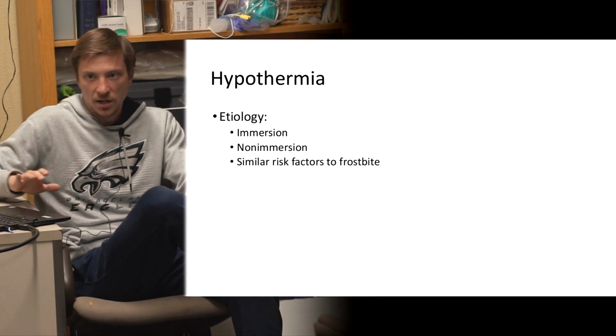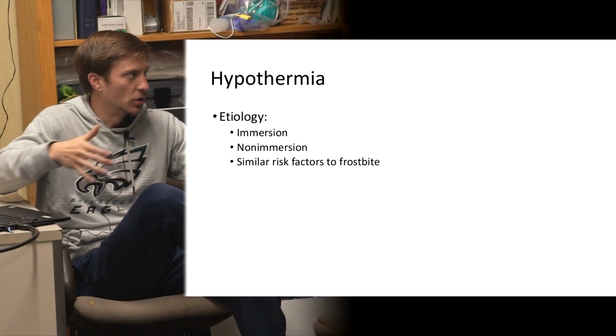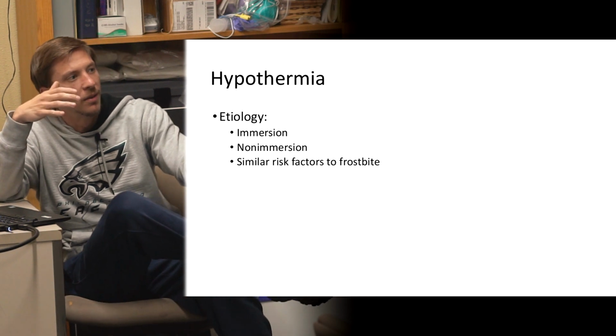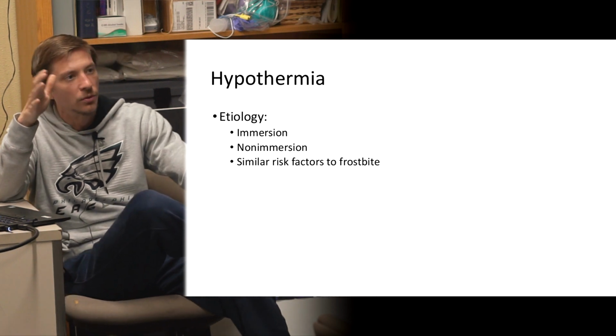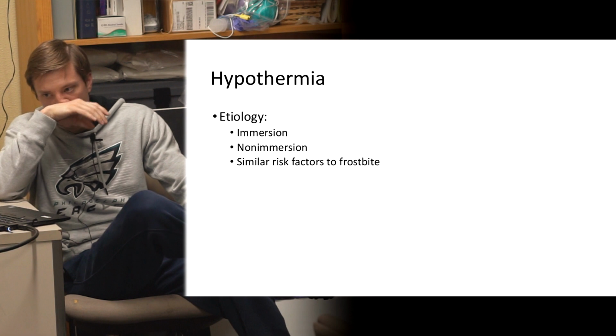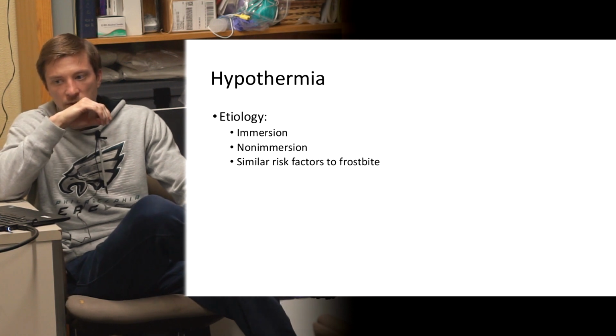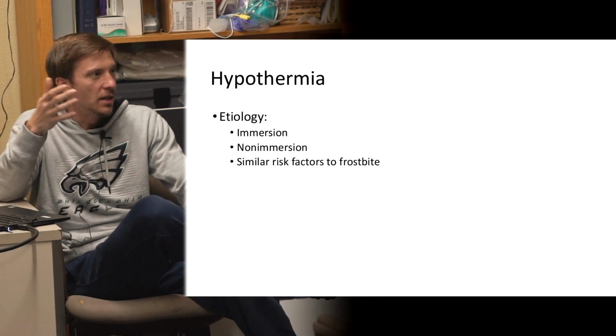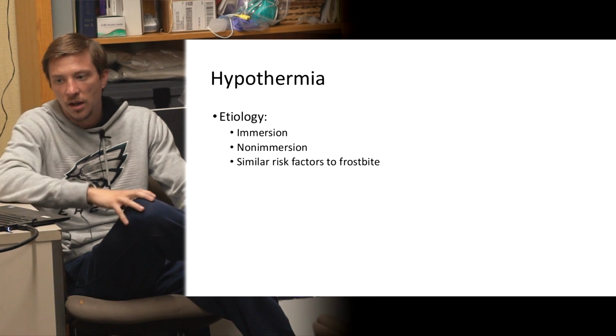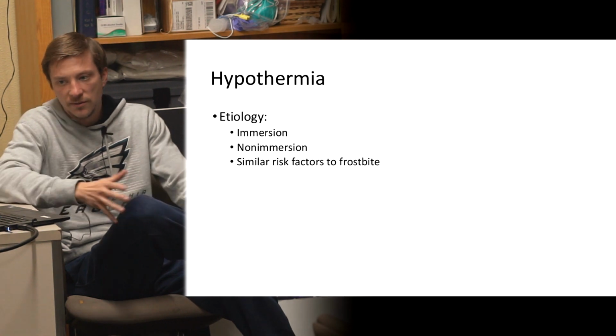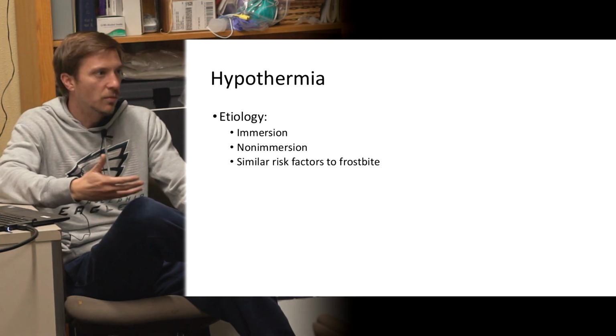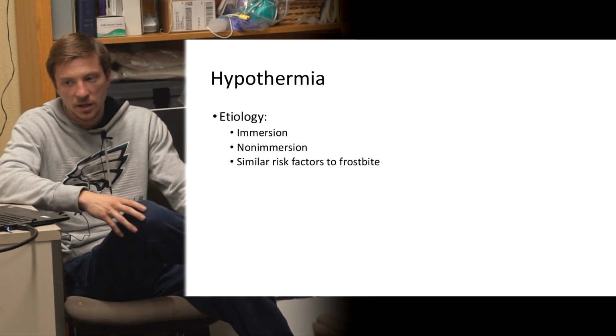Etiology, there's either immersions or not immersions. So, someone in a cold river, like a cold creek, versus someone just passed out drunk outside. The risk factors for hypothermia are very similar to the risk factors for frostbite.